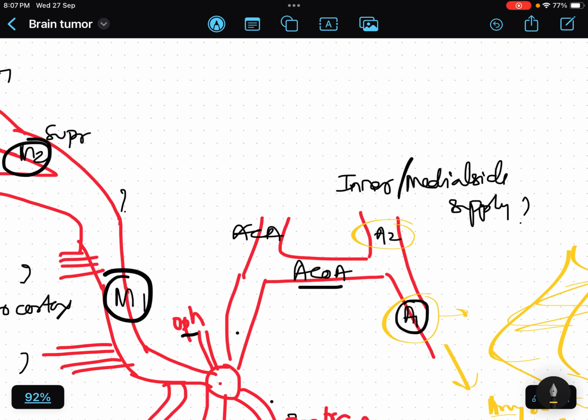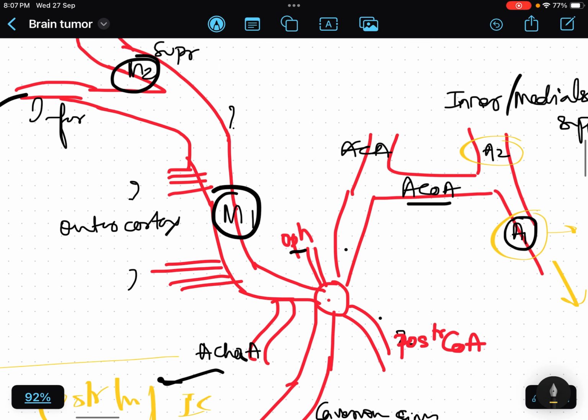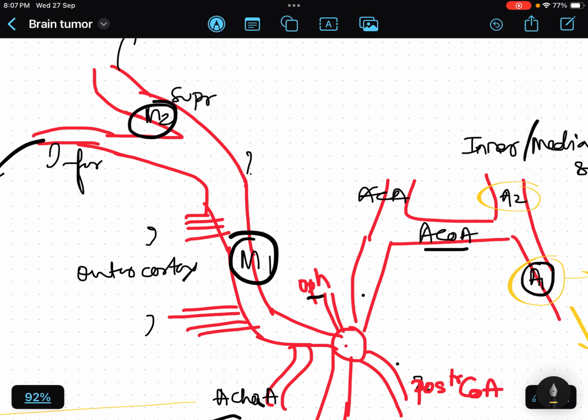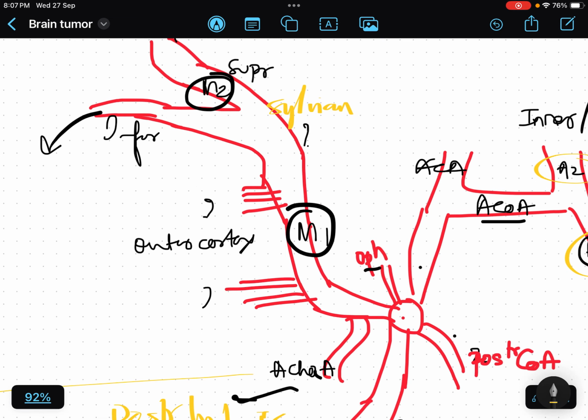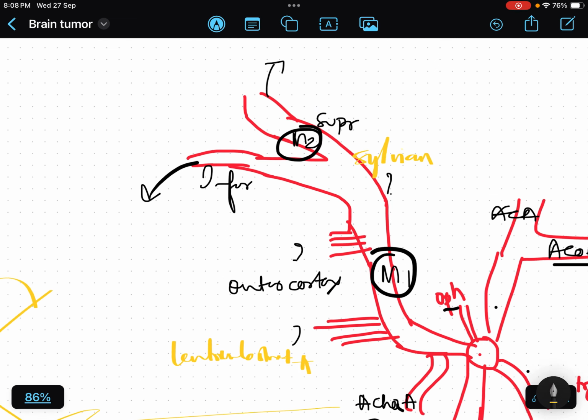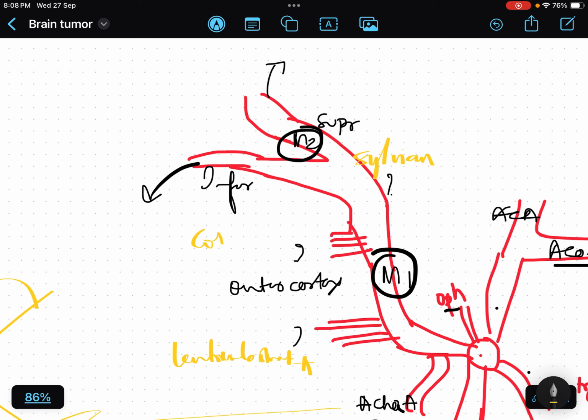Okay, let us talk about MCA. MCA is also divided into M1 and M2 at the level of the sylvian sulcus, where it divides into superior and inferior branches. That will be called M2. Before that it will be M1. Before bifurcation, the M1 part gives lenticulostriate arteries, and it has cortical branches.